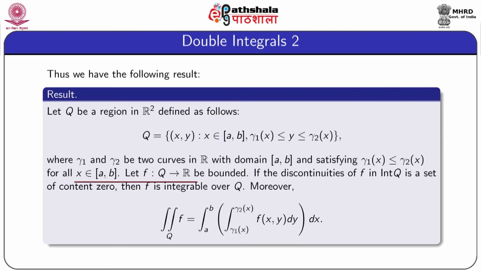Let f from Q to R be bounded. If the discontinuities of f in the interior of Q form a set of content 0, then f is integrable over Q. Moreover, the integral of f over Q equals the integral from a to b of the integral from gamma 1 of x to gamma 2 of x of f(x,y) dy dx.